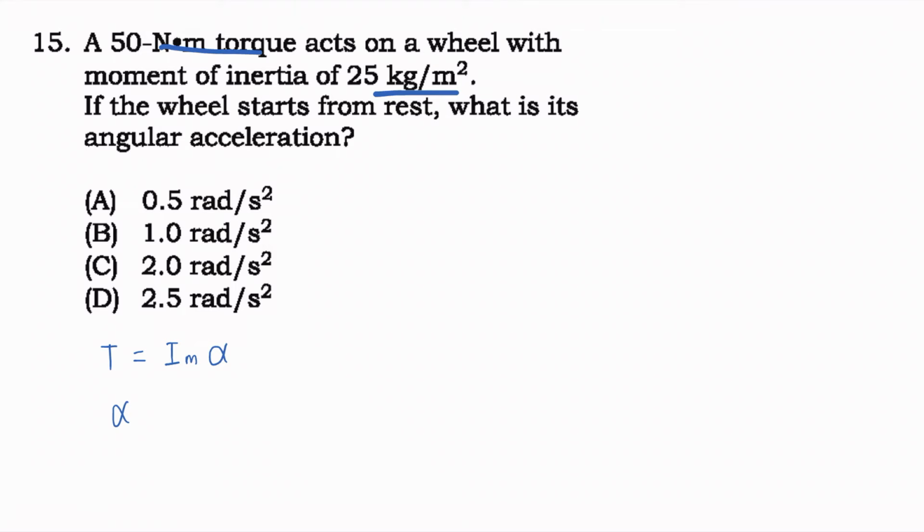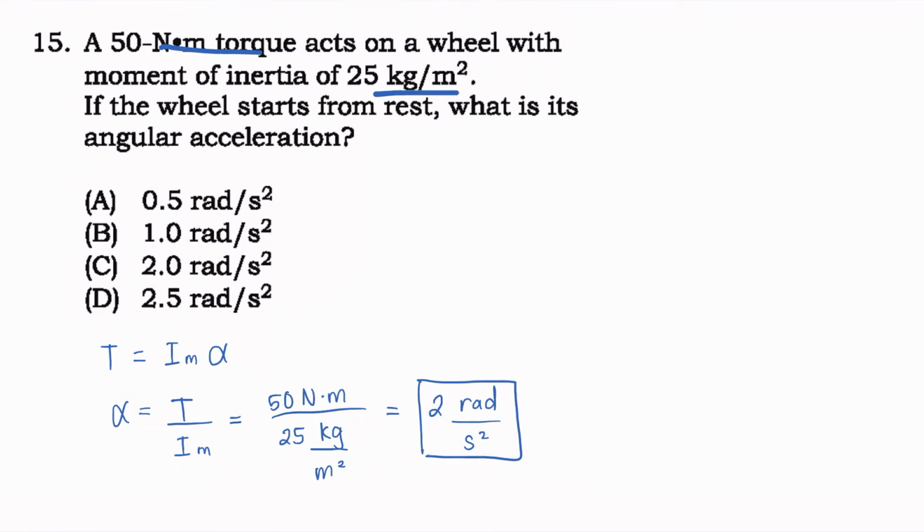So angular acceleration is equal to torque over moment of inertia. Direct substitution na lang. So 50 Newton meter yung torque over yung moment of inertia na 25 kilogram meter squared. So yung answer natin is 2 rad per second squared. So yun ay letter C.